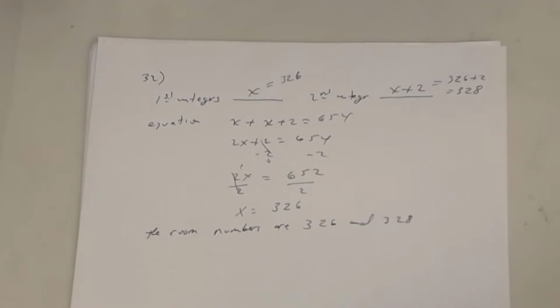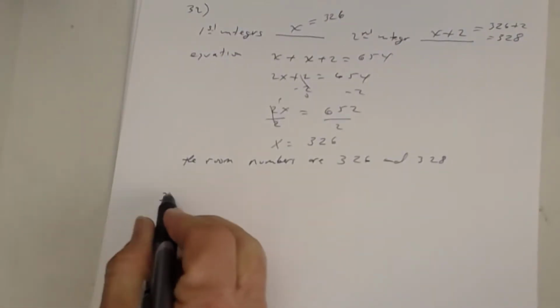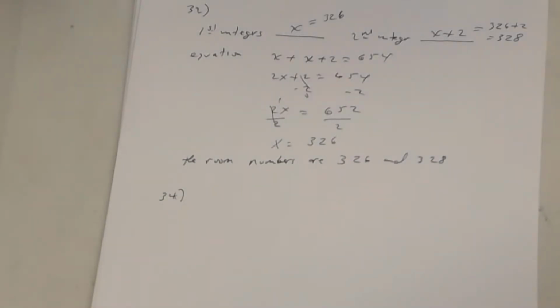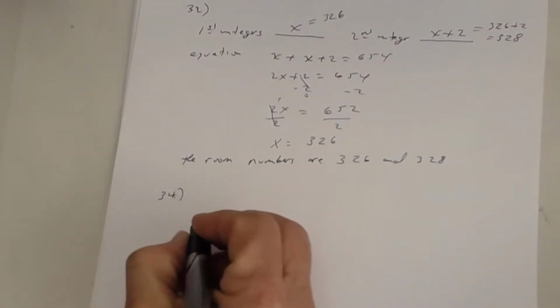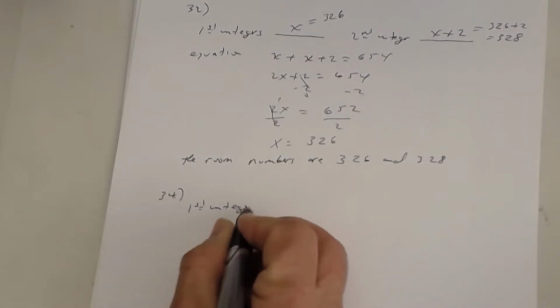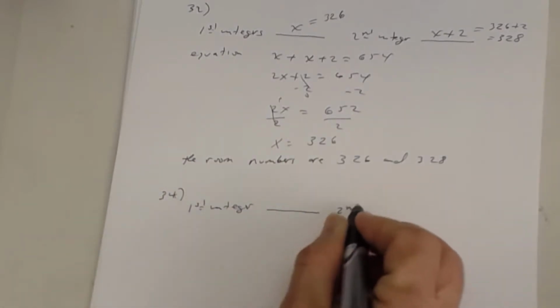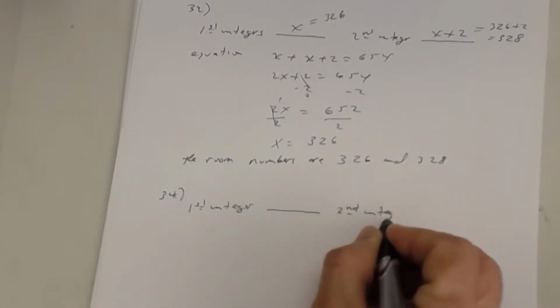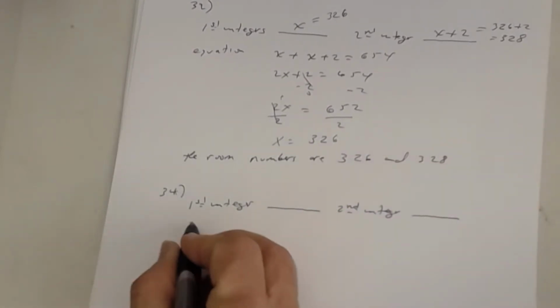Let's look at 34. It says that the code to unlock a student's combination lock happens to be 3 consecutive odd integers whose sum is 51. I'm going to find the integers. All right, so you're interested in how many integers? 3. So let's call them first integer, second integer, and third integer.